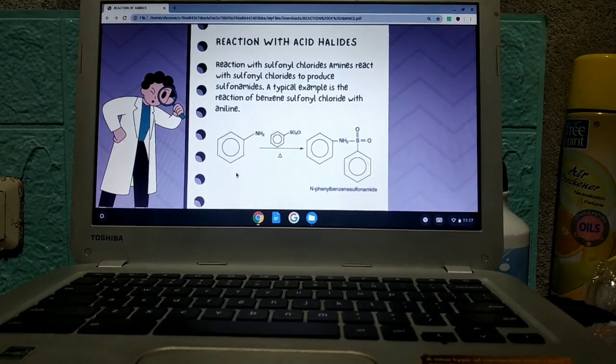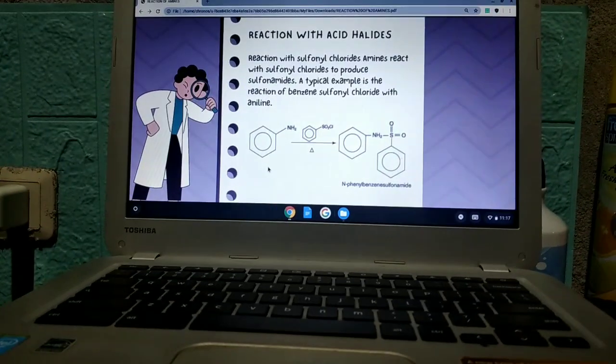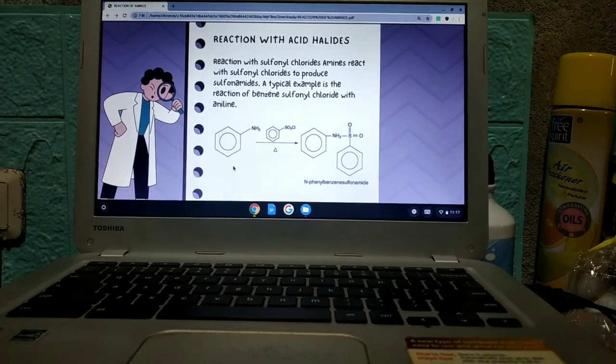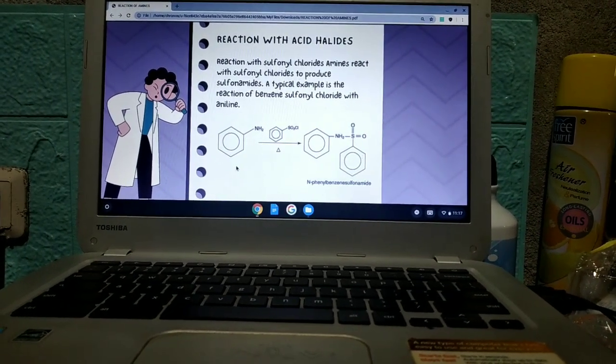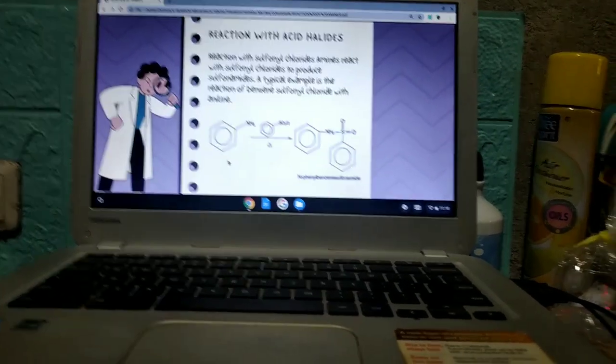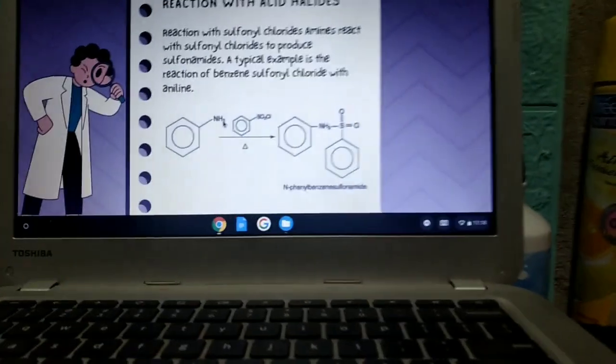Reaction with sulfonyl chloride. Amines react with sulfonyl chloride to produce sulfonamides. A typical example is the reaction of benzenesulfonyl chloride with an amine.